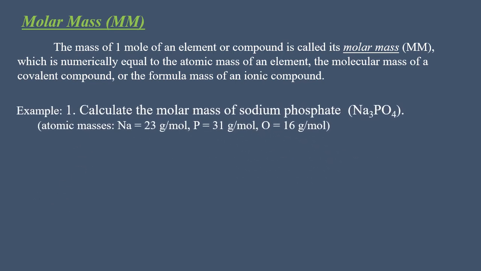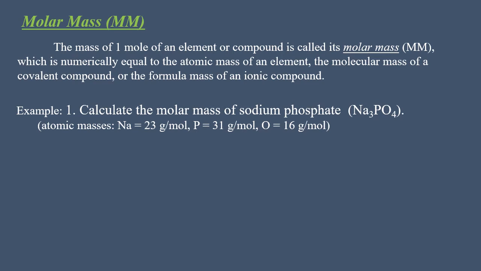Let's have an example. Calculate the molar mass of sodium phosphate with the chemical formula Na3PO4. To do the calculation, the first step is to know the atomic masses of the components of that compound. For sodium, it is equal to 23 gram per mole. For phosphorus, it is equal to 31 gram per mole.